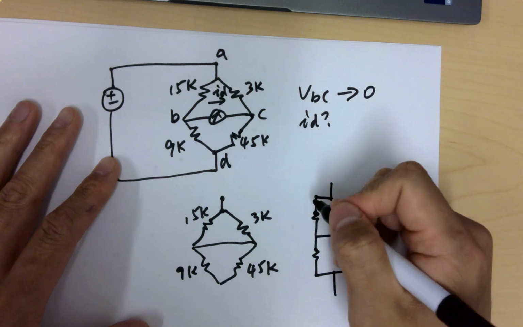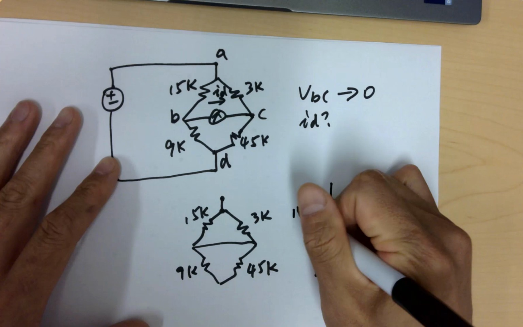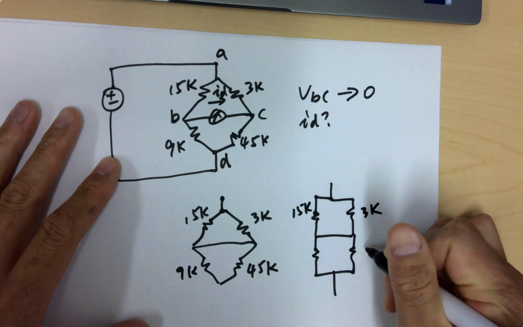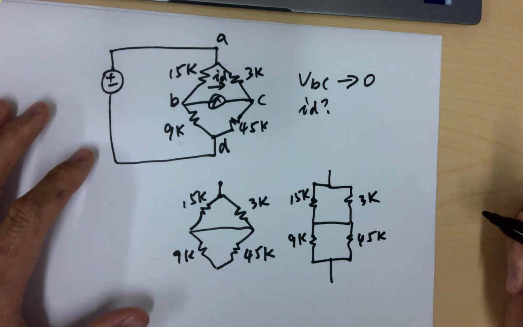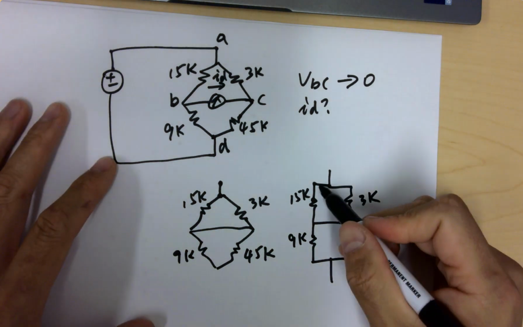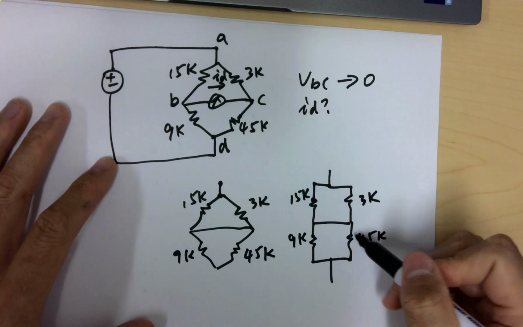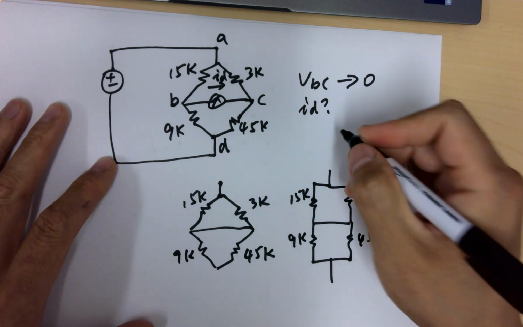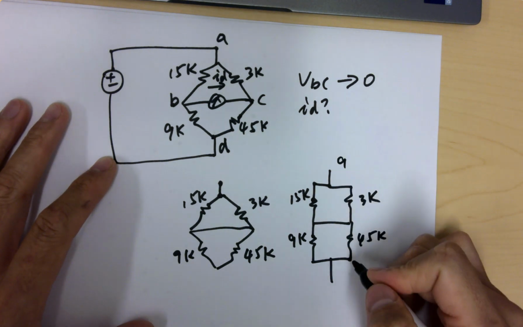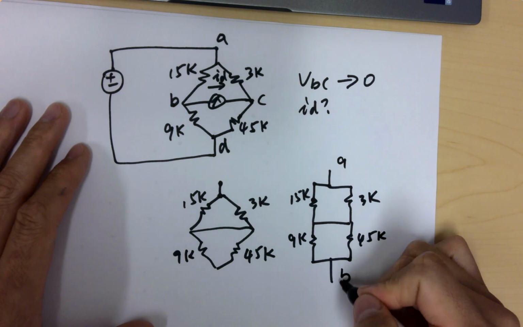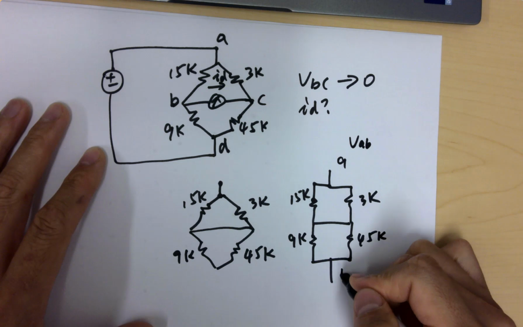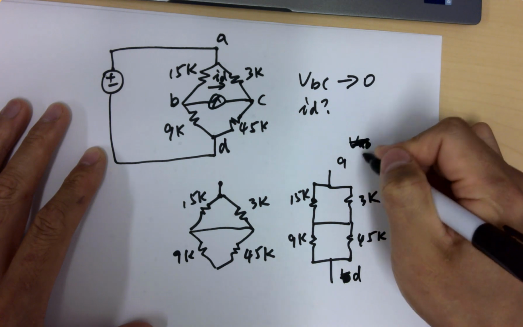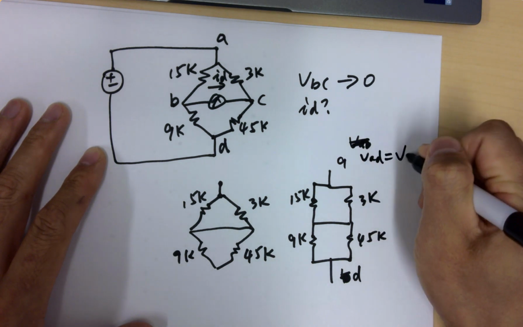Okay, so this is 15K, 3K, 45K, and 9K. Same voltage, so we can get a parallel resistance over here, and a parallel resistance over here as well. A, B, and the voltage across AB, or VAD, is VS. This is given.